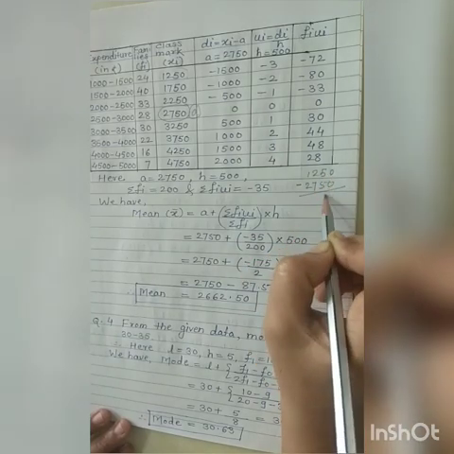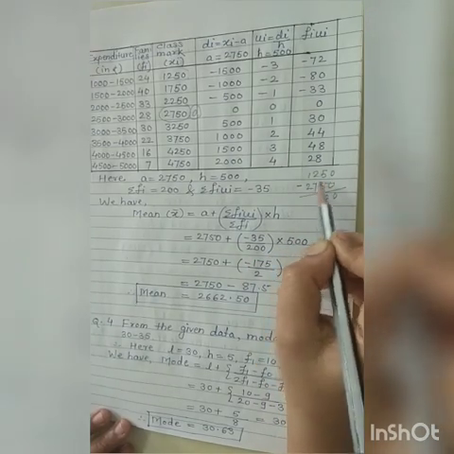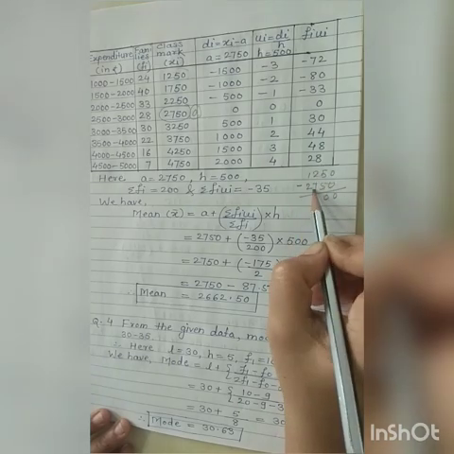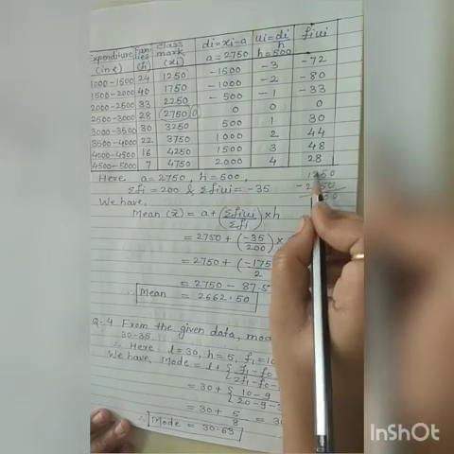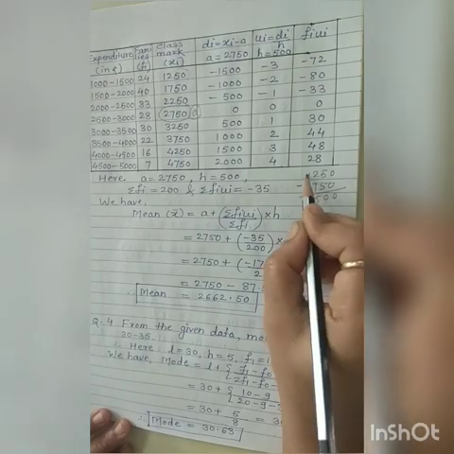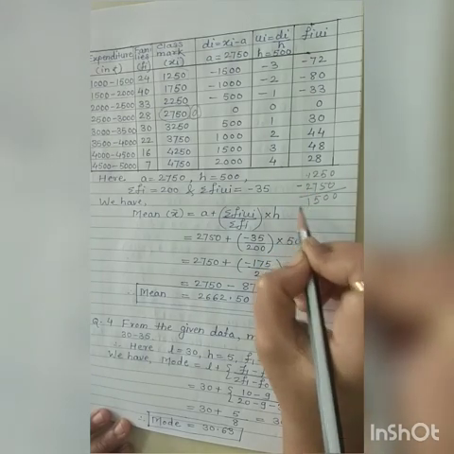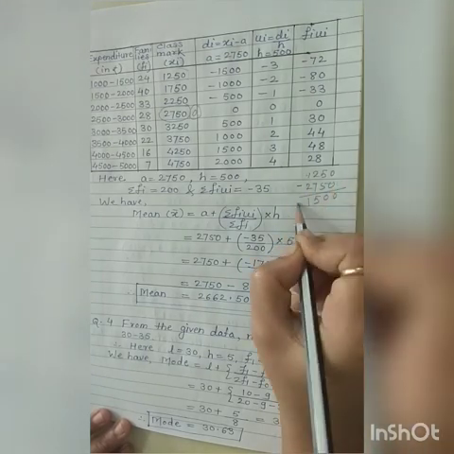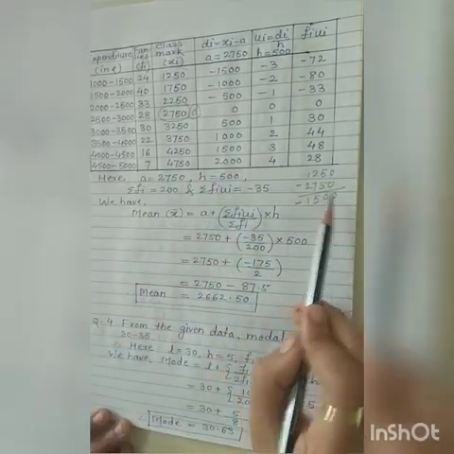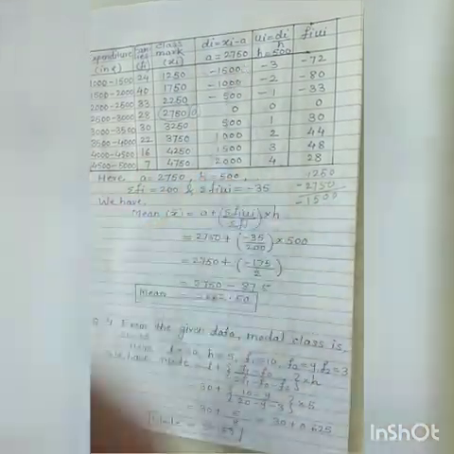Now this 50 and 50 get cancelled. Now as we are subtracting a bigger number from the smaller number, we will get 7 minus 2 is 5 and 2 minus 1 is 1. And the sign of the greater number is minus. So minus 1500 is the first value of di.